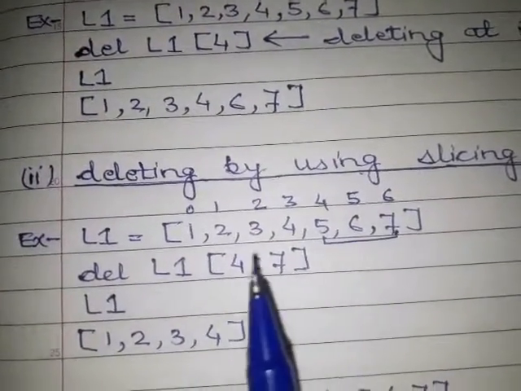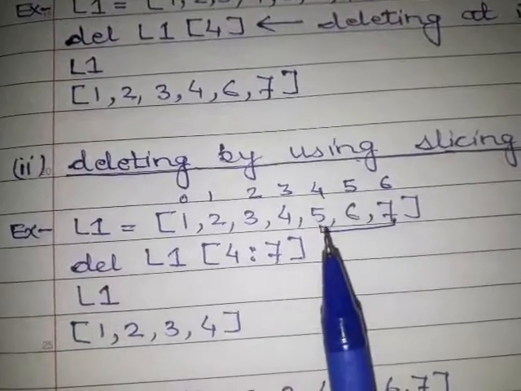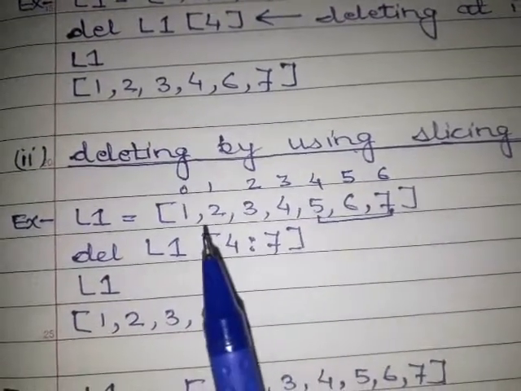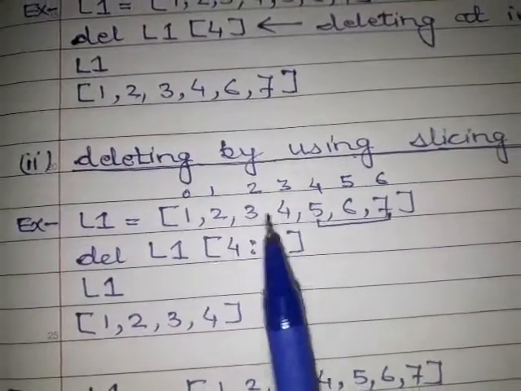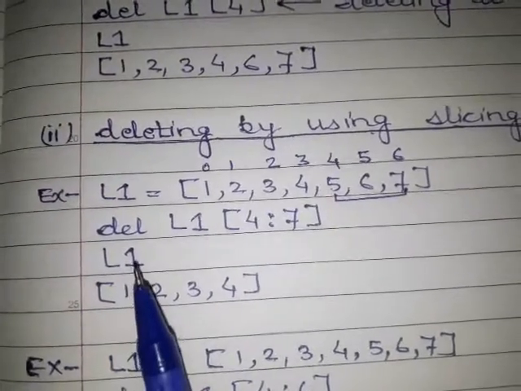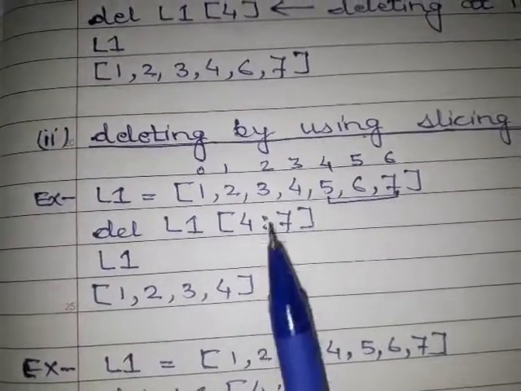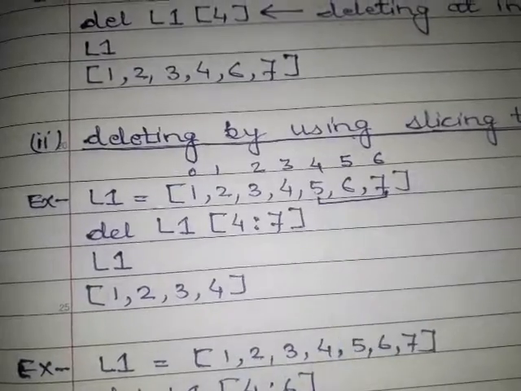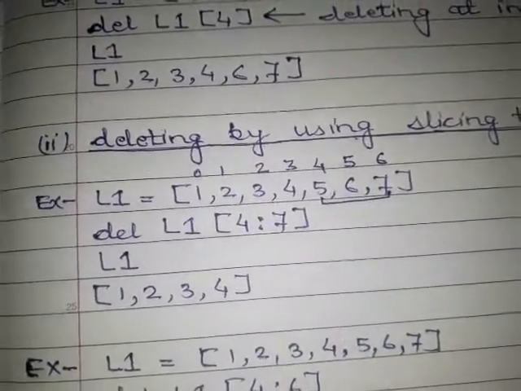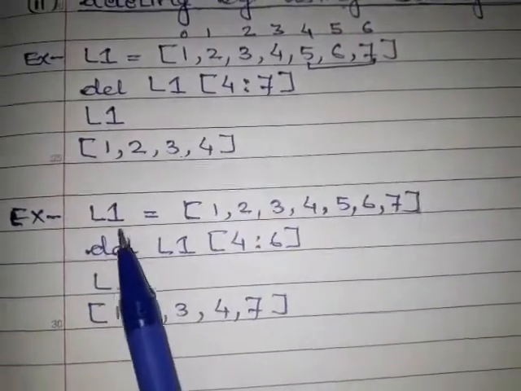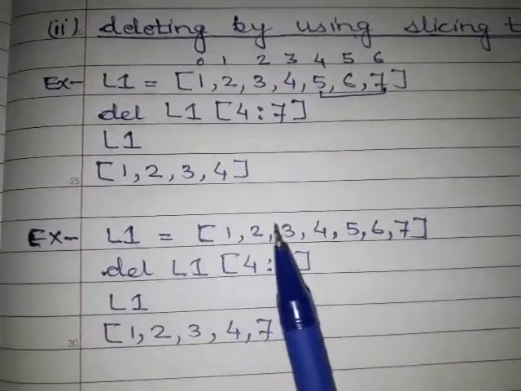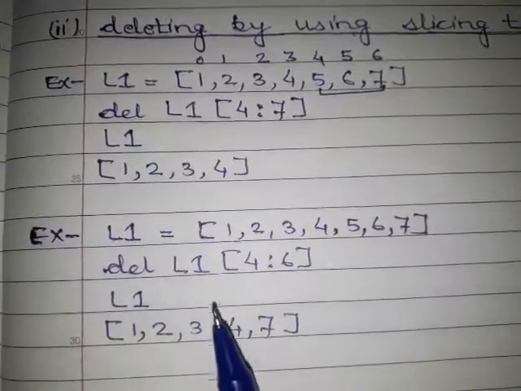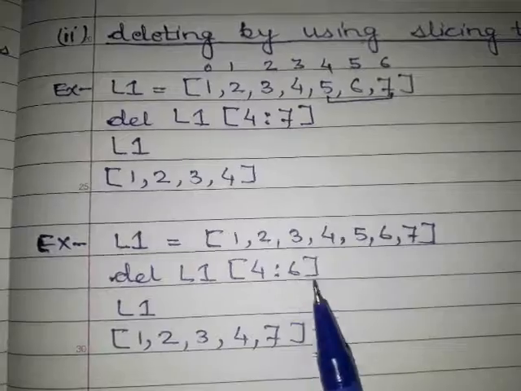When you see that these three elements 5 6 7 are deleted, our list will consist of 1 2 3 4 in L1. So when I print L1, 1 2 3 4, these elements are left. These three elements are deleted, 4 to 6. Again another example, L1 is 1 2 3 4 5 6 7. I am using del L1 4 to 6.